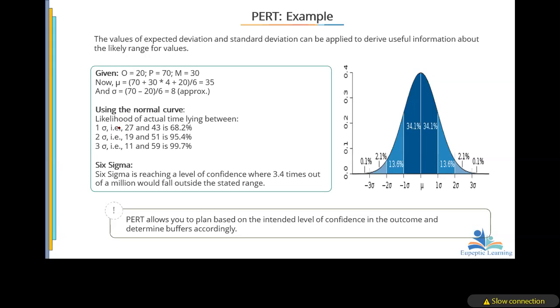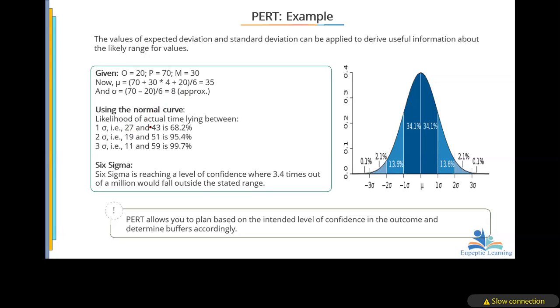For 1 standard deviation, it says 27. Why? 35 minus the standard deviation, which is 8, is 27. Have you seen it here? For 2 standard deviations, 2 times 8 is 16, from the 35 will give us this.